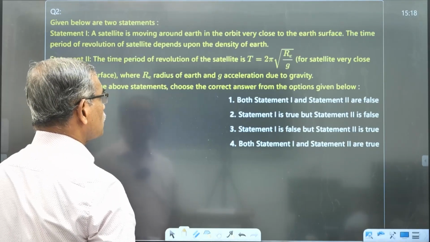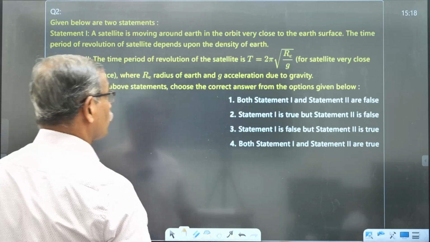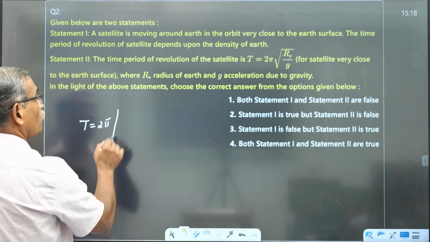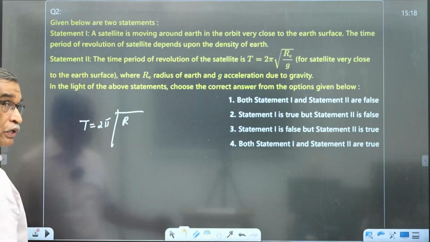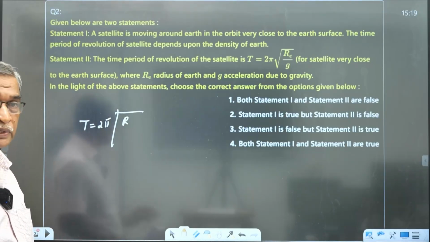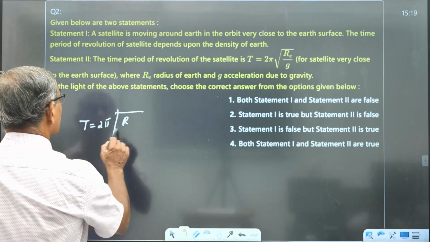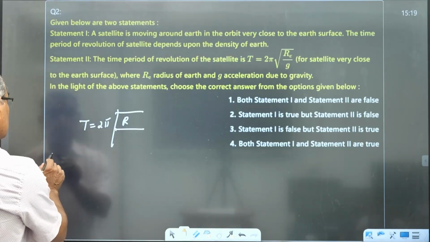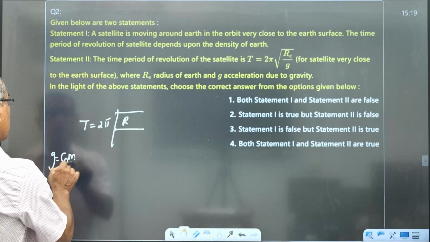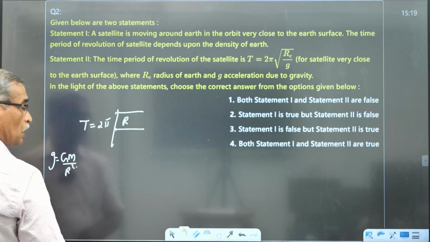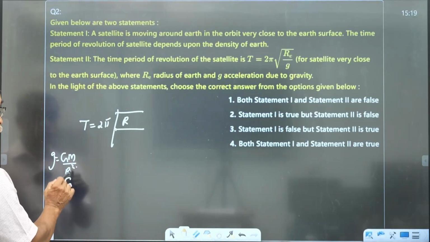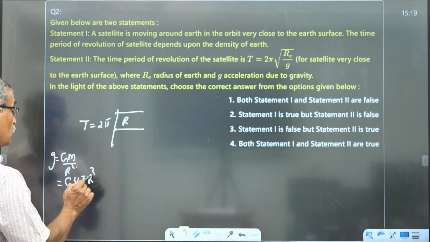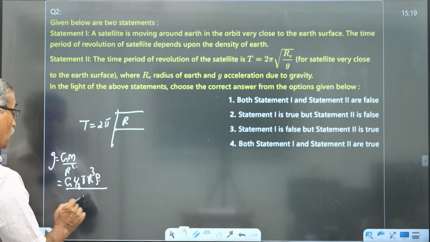Now we want to see whether it depends on the density of Earth or not. For which we are given the time period like this: T is equal to 2 pi root of R of Earth by g. For the close orbit, R is the radius of the Earth itself. g we can replace by G M by R squared, where capital G into M, which is equal to 4 by 3 pi R cube into density, by R squared.